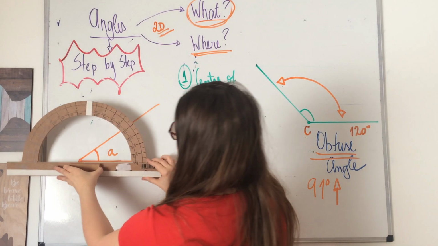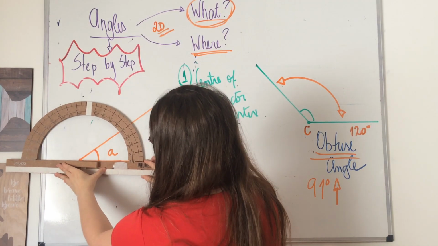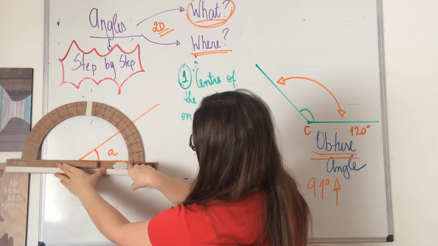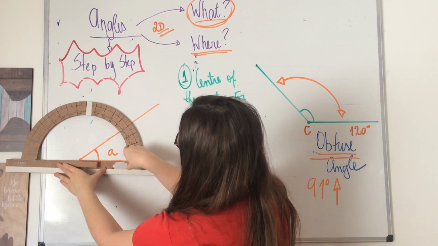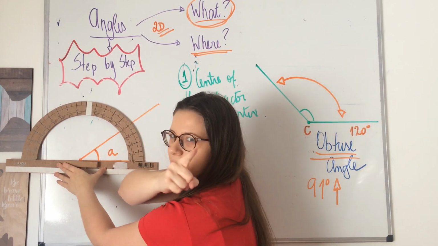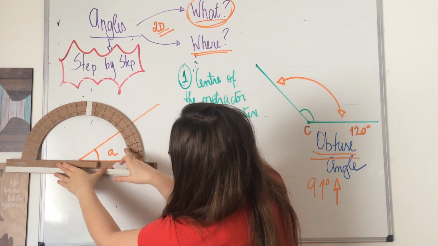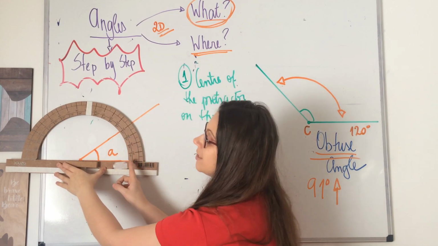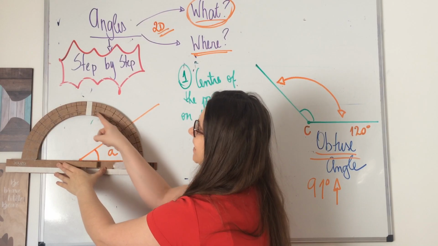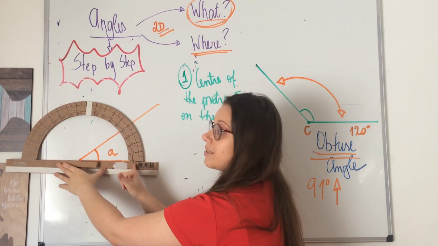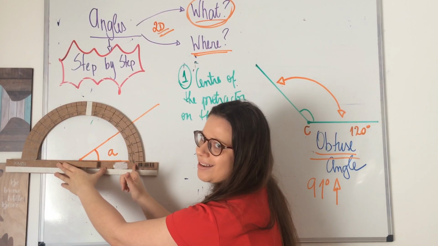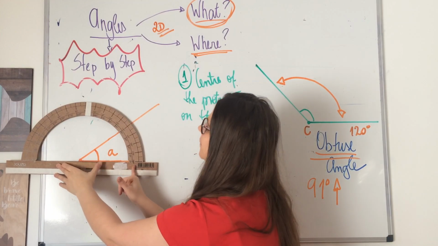If I put the protractor like this, the 0 is over here. So 0, 10, 20, 30, 40. I said 45, but it's 40. I am using the inner scale because the outer scale is marked 180 and that's not what I want.